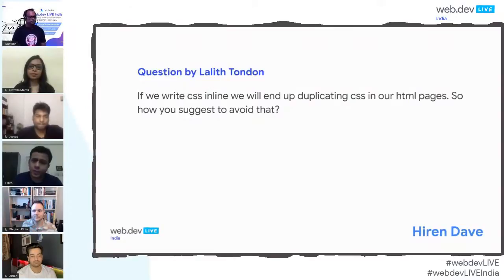Okay, yes. So AMP has a limitation of inline CSS that you can have only 75 KB of CSS in your page. So here what I would suggest is that if you have a requirement where you want a kind of global CSS, you can still load it with the AMP script, and have it loaded inside your page.